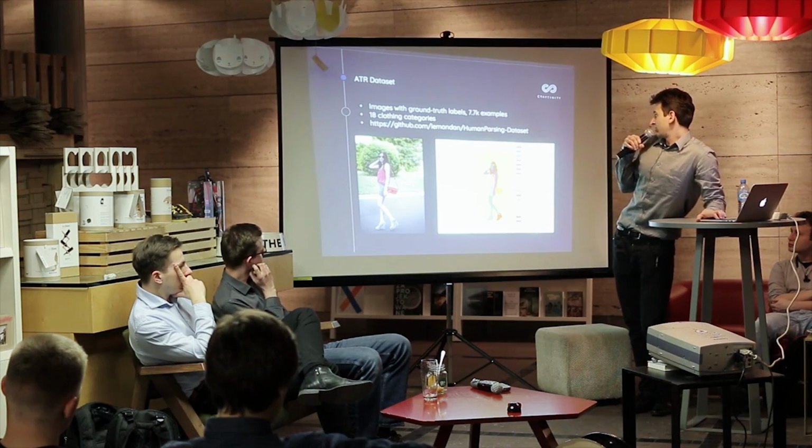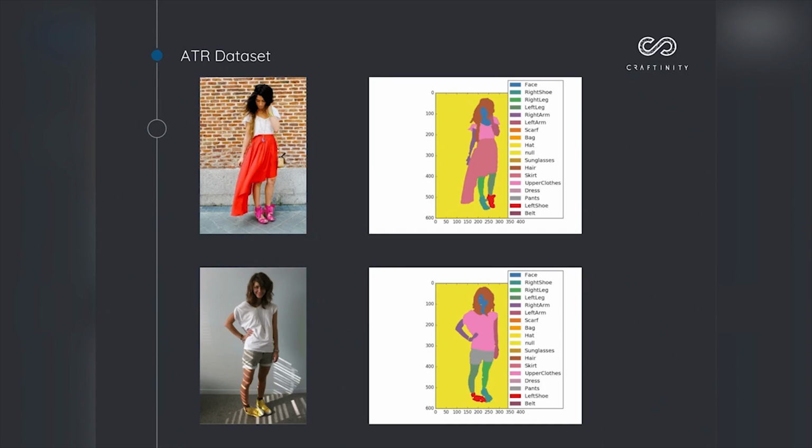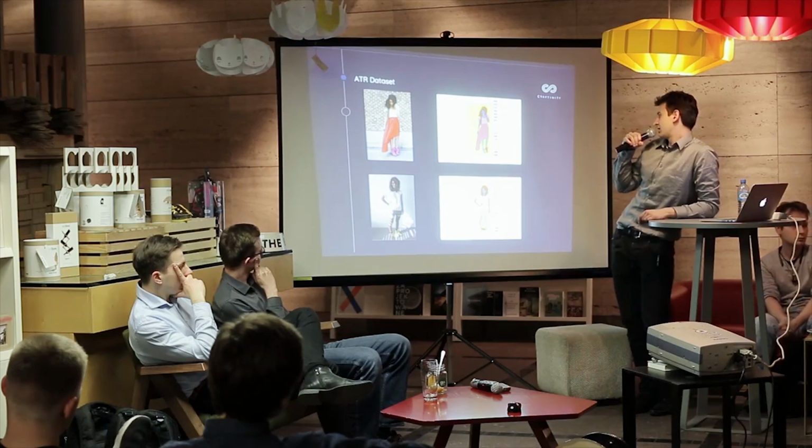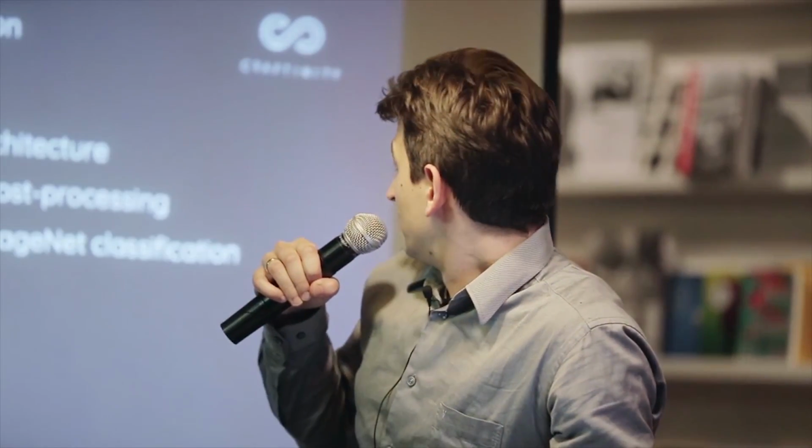It's publicly available. You can download it from GitHub. And here is the visualization of ground truth labels for each image. So for each image we have such an annotation. So for each pixel we have given to which category it belongs.